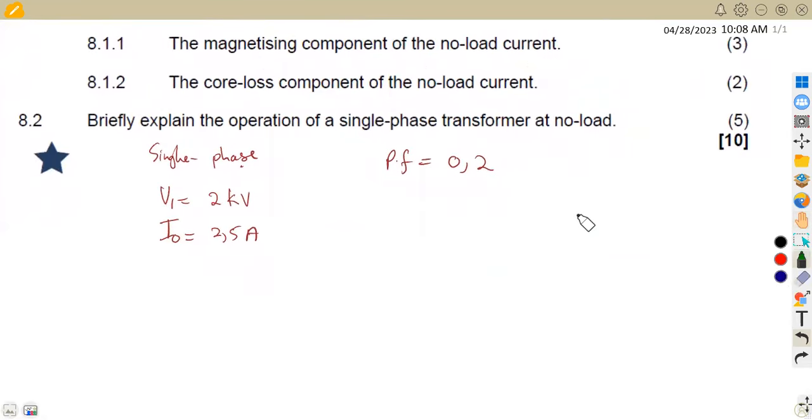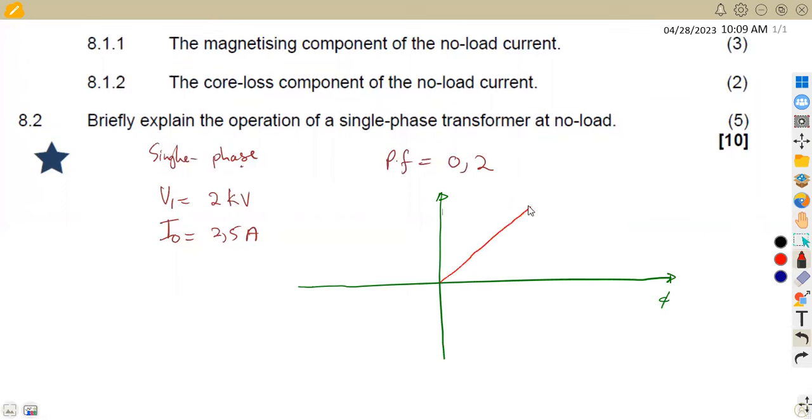I just hope it's going to be clear so that when I'm explaining some of these formulas, you understand where they are taken from. Having our current in this case and the flux in this axis. So this is going to be our current, that is your no load current.